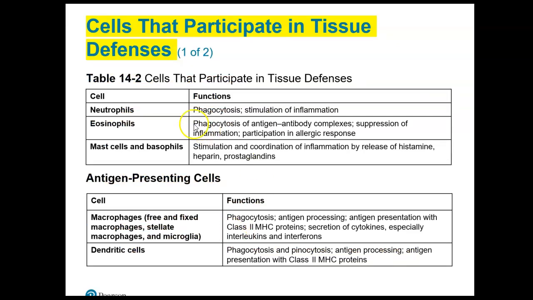Now, this table 14-2, which is slide number 77, lists the cells that participate in tissue defenses. So it goes over neutrophils and eosinophils, which are both phagocytes, and mast cells and basophils, which both release histamine and heparin. And then antigen-presenting cells are macrophages and dendritic cells.